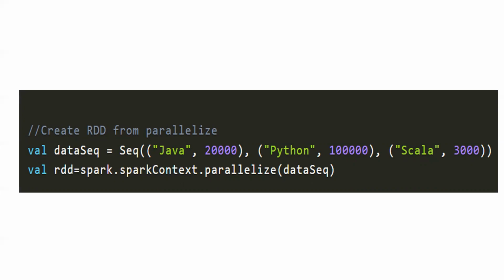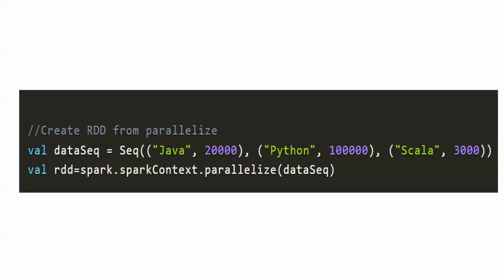Those are the basic coding differences between Scala and Python. I'm not going deeper, but as you already know Python, it's similar, just a few syntax changes. Over here I'm just declaring a sequence.